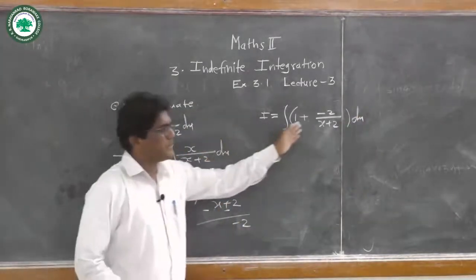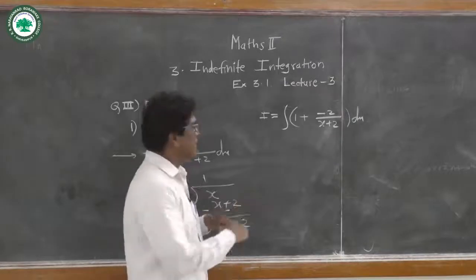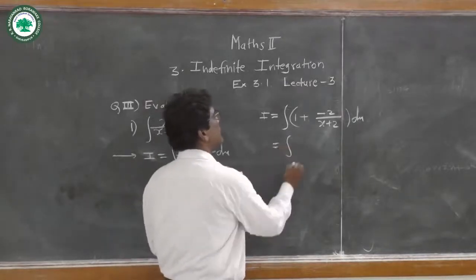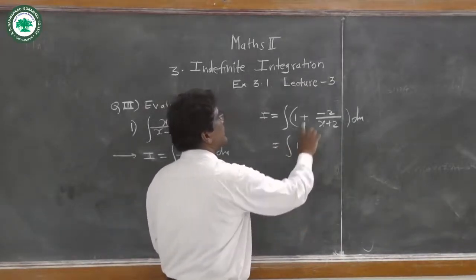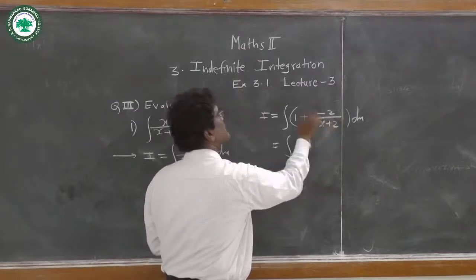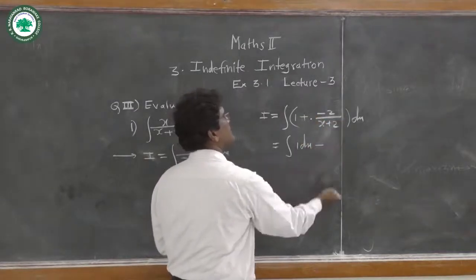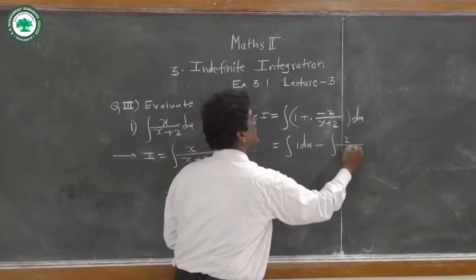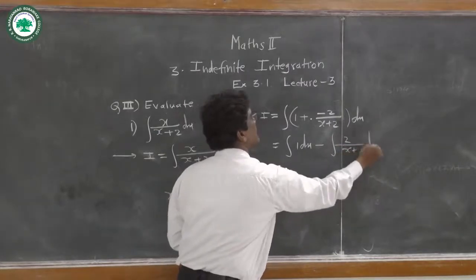And now integrate separately. So this is equal to integration of 1 dx, and plus into minus becomes minus, integration of 2 upon x plus 2 dx.